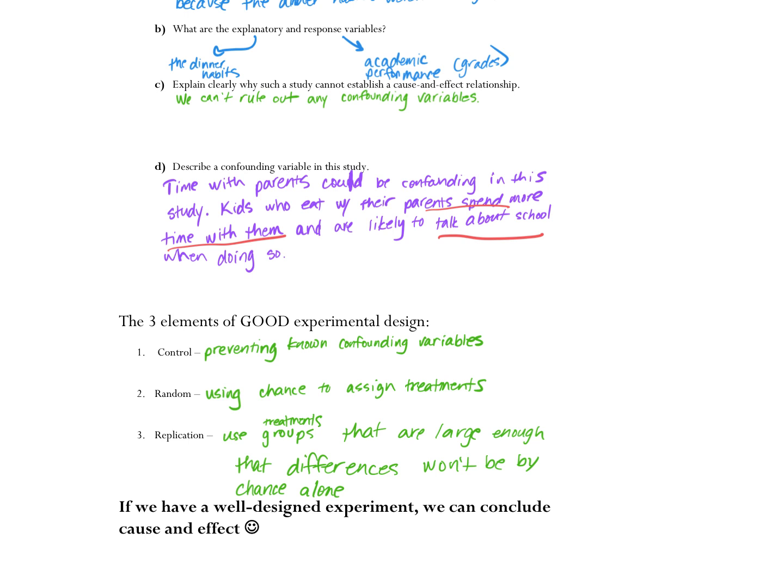Like if I just said this side of the room and this side of the room, that could be problematic as well, in one way or another. So what I'm going to do is throw all your names in a hat and draw one to go in this group and one to go in this group, then one to go in this group, and so on and so forth. I'm going to use chance to decide who's in what treatment group so that any other problems aren't there.